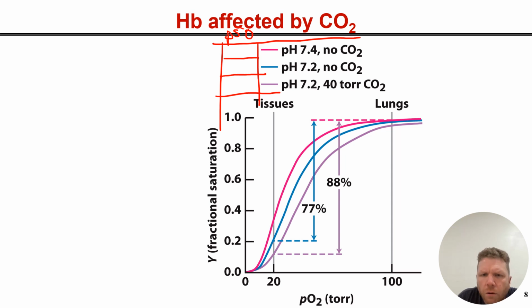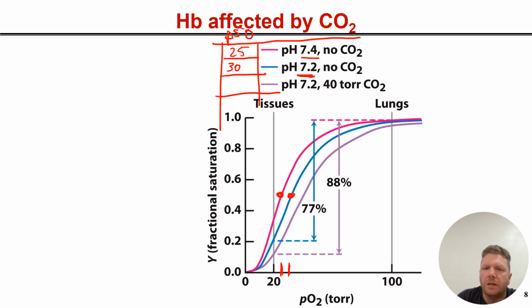At a pH of 7.4, let's call that 25. Now, when the pH is 7.2, but there's no CO2, well, that's this blue line. So I see a shift to the right. So my P50 has gone up, and my O2 affinity has gone down. I'm going to call that 30. What's our variable here? Well, my pH has changed.